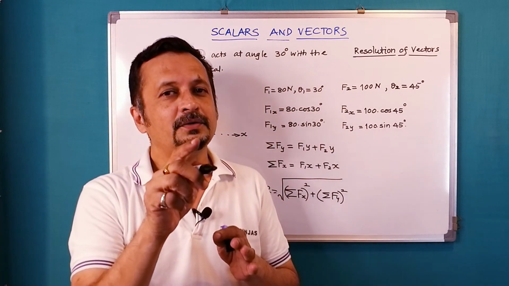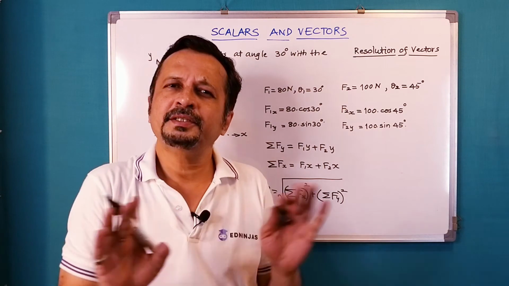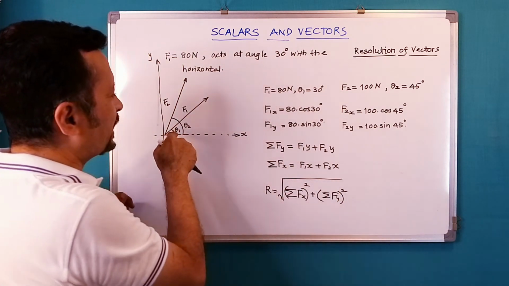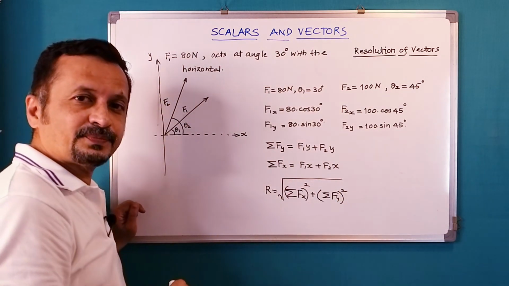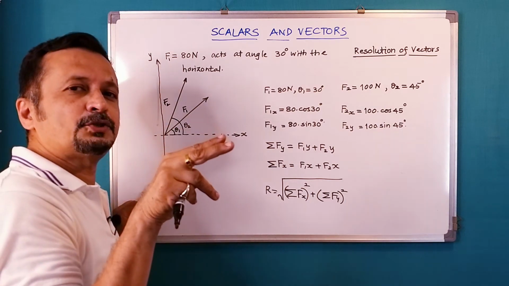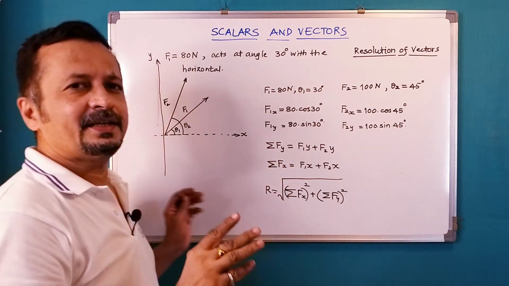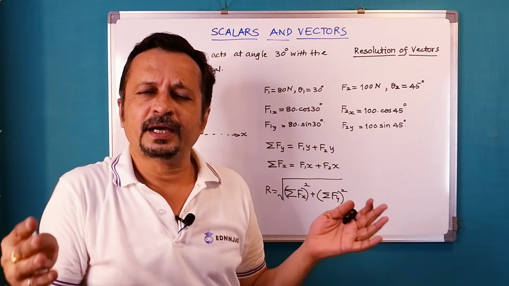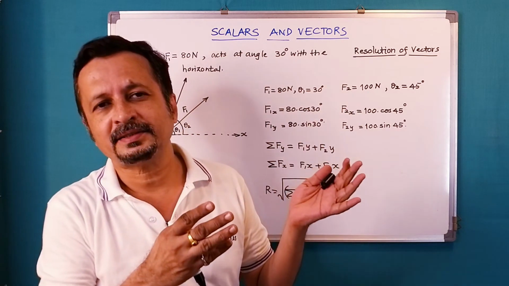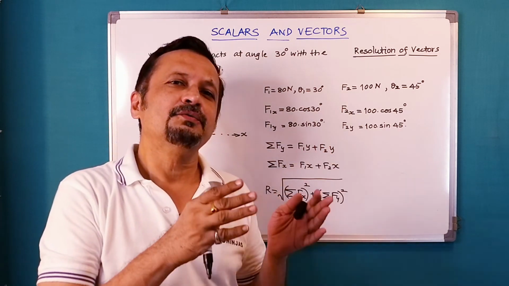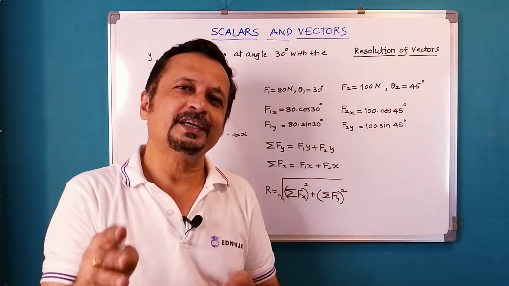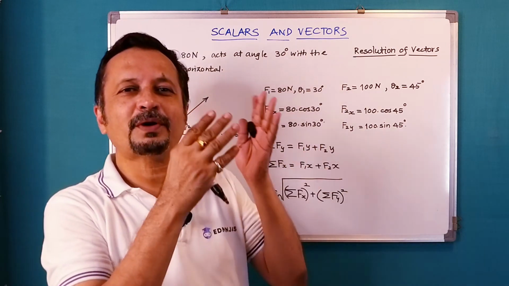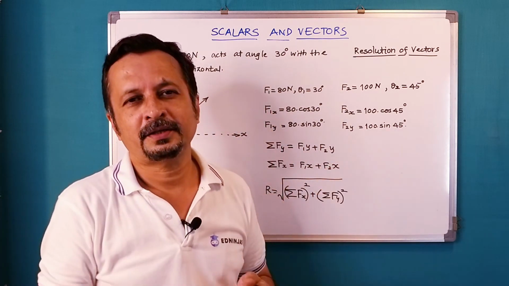So now here, what did I do? I didn't try to find the angle between the two forces, or the angle between the two vectors. What I did is I just resolved them along the x-axis and along the y-axis. I added the total force along the x direction, I added the total force along the y direction, and I just took the resultant of them.